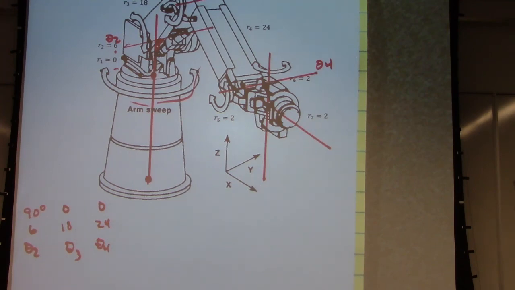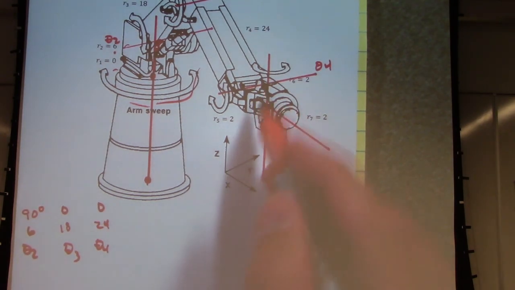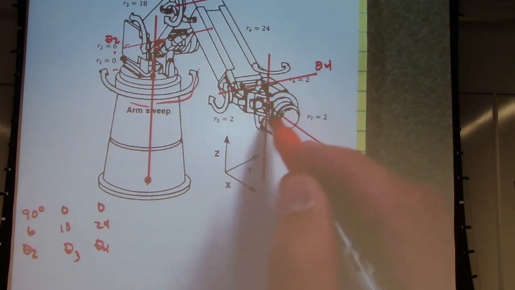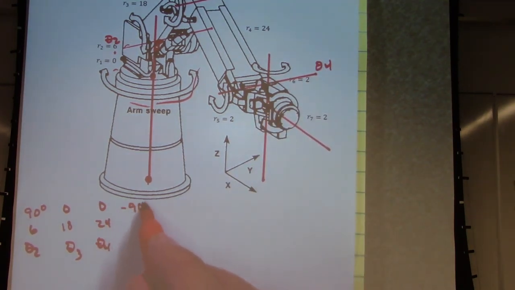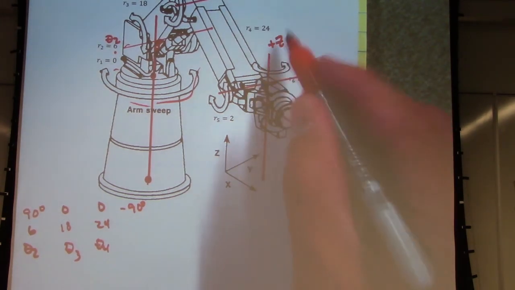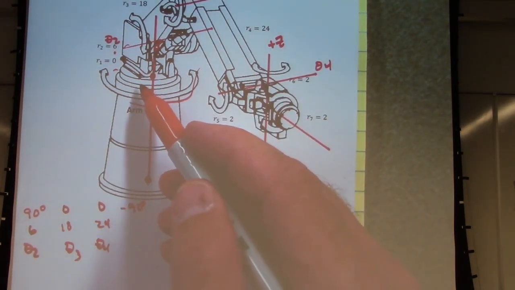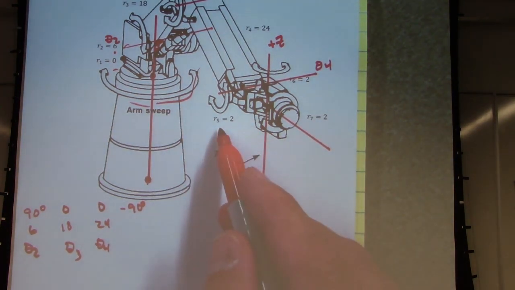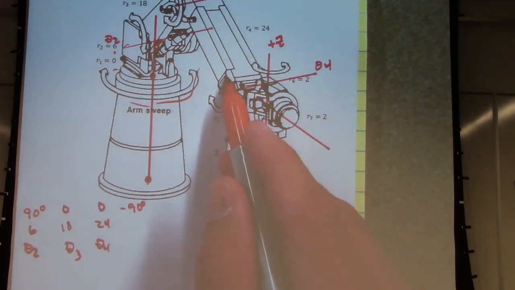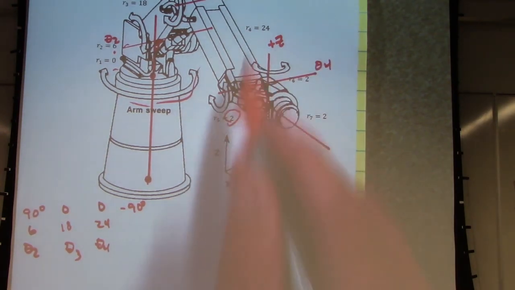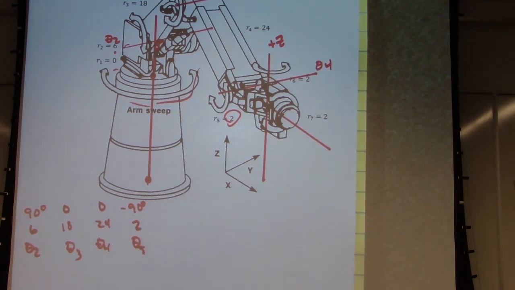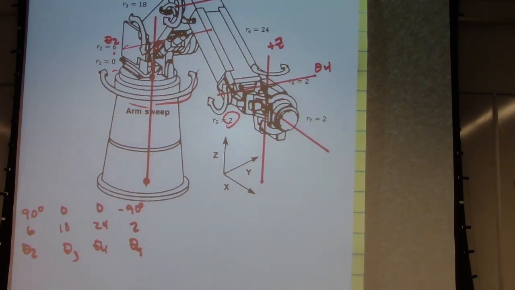So with that then, now we're going to have a negative 90-degree joint angle to go from link 4 to link 5. And that just makes sure that this once again is your positive z as it relates to my base joint. Okay. Our offset there is 2, going from joint 4 to joint 5.